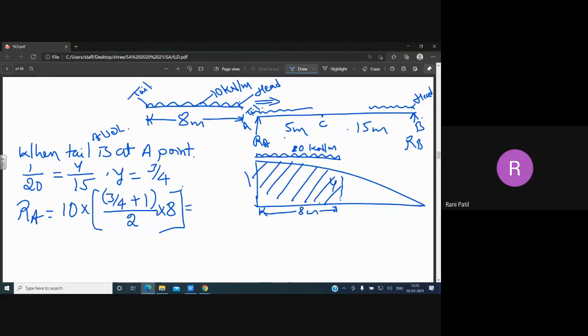$70. Is it clear for everyone? If it is asked for a moving load from left to right, how to calculate reactions? $70 is the answer? Yes, sir. Okay.